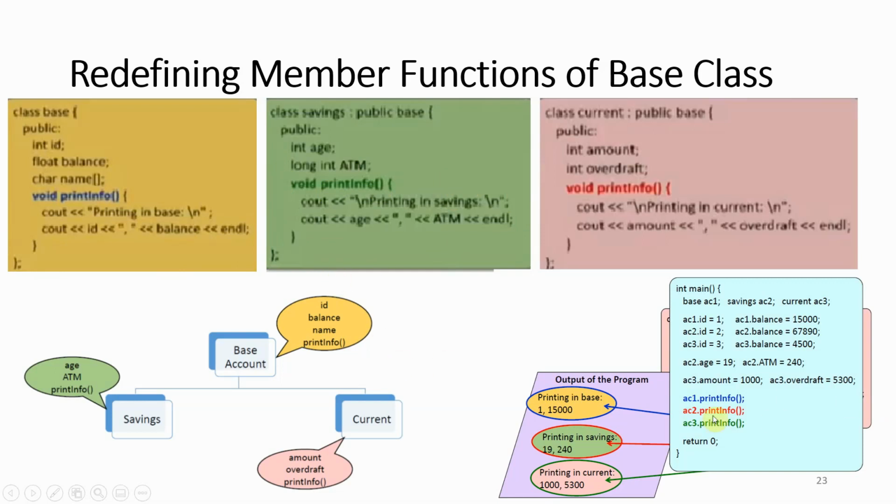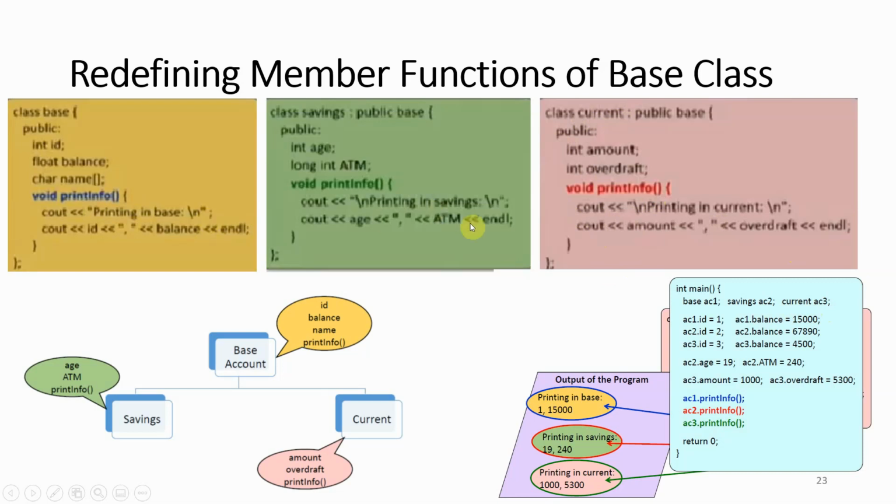If AC2, which is an object of class savings, calls print info, it's going to call this function. We did the same thing for class current. If AC3, which is an object of class current, calls print info, it's going to call this one, although this class has 2 print info functions.